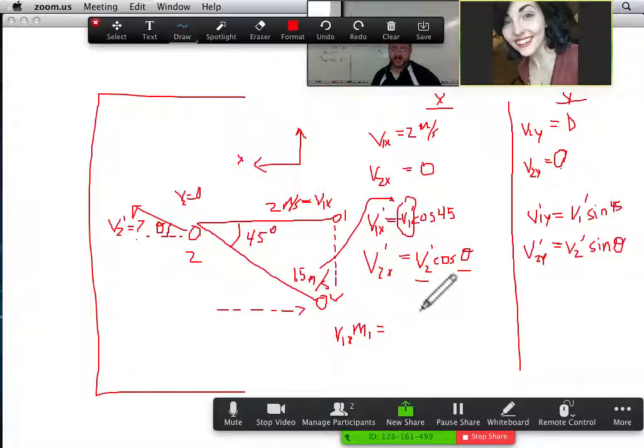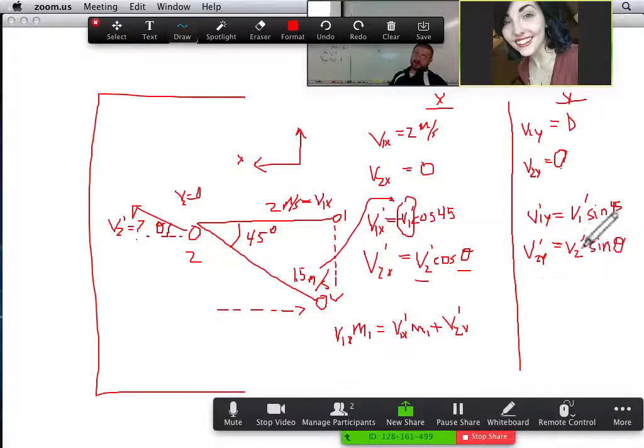And then for the other side of the equation, it's going to be velocity 1 prime x, which is this whole thing here, times mass 1, plus velocity 2 prime x, which is all this right here. Then we have an equation that has two things we don't know, velocity 2 prime and cosine theta, right, in this part. Everything else we know.